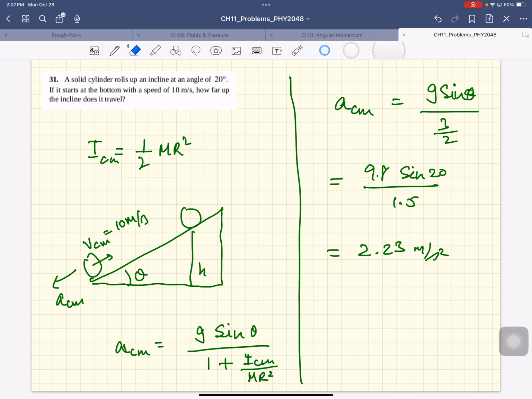All right, now this will be our x-axis. There is the initial velocity, and we'll say this is x naught. What we'll use is v squared equals v naught squared plus 2a times x minus x naught. The final velocity will be 0 at the top, so that's 0. Initial velocity is 10 meters per second.